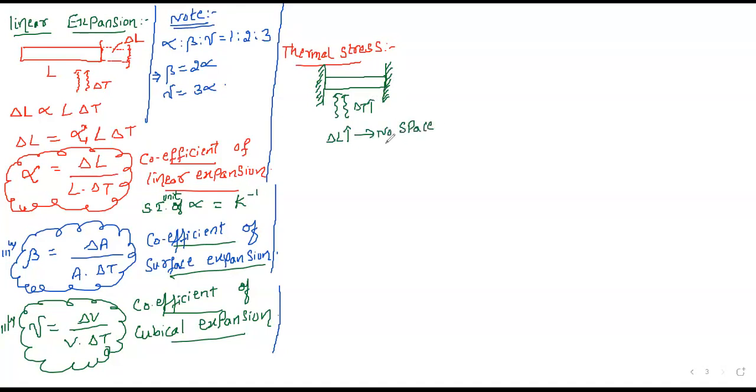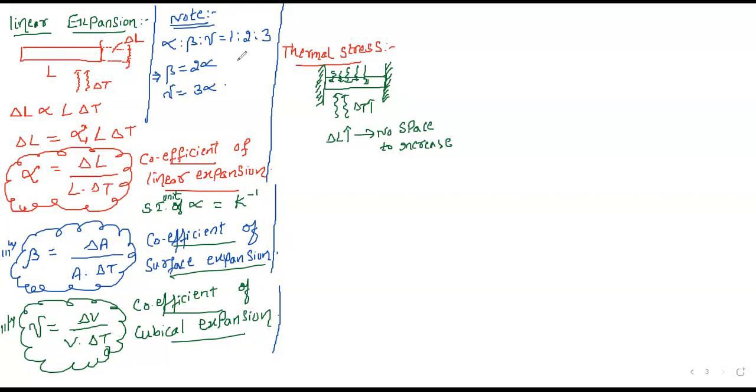Because there is no space to increase, a stress will develop here. That stress is what we call the thermal stress.